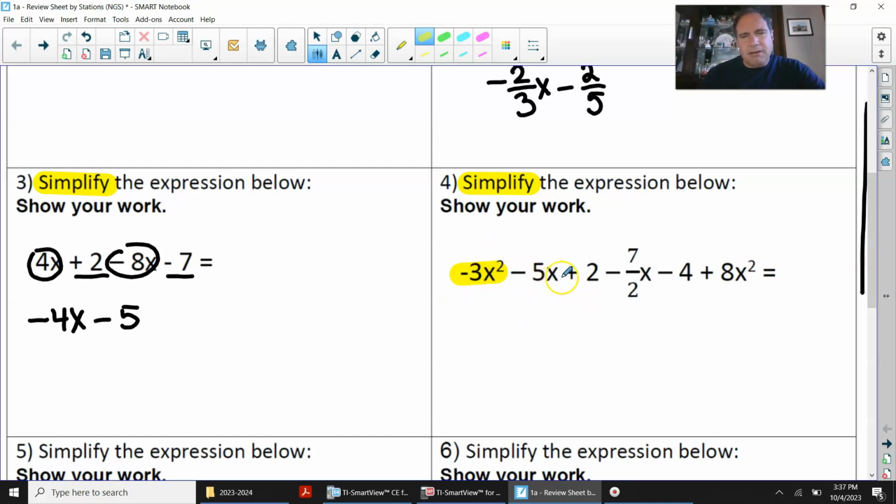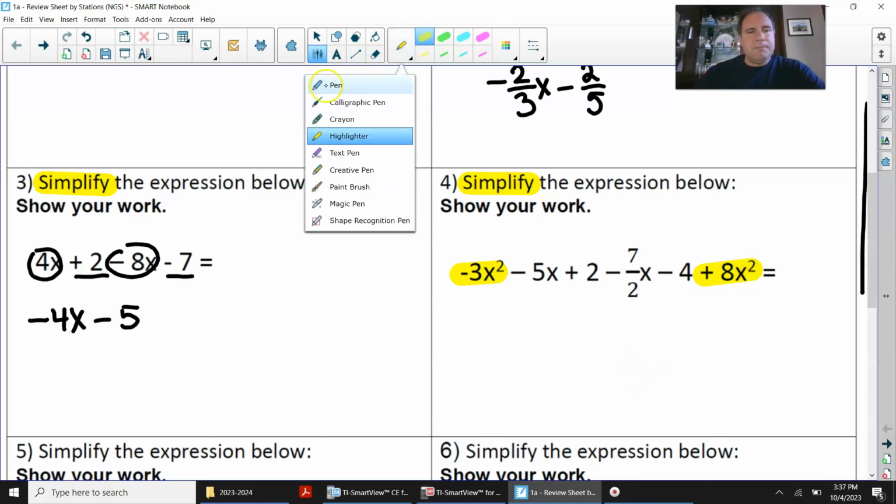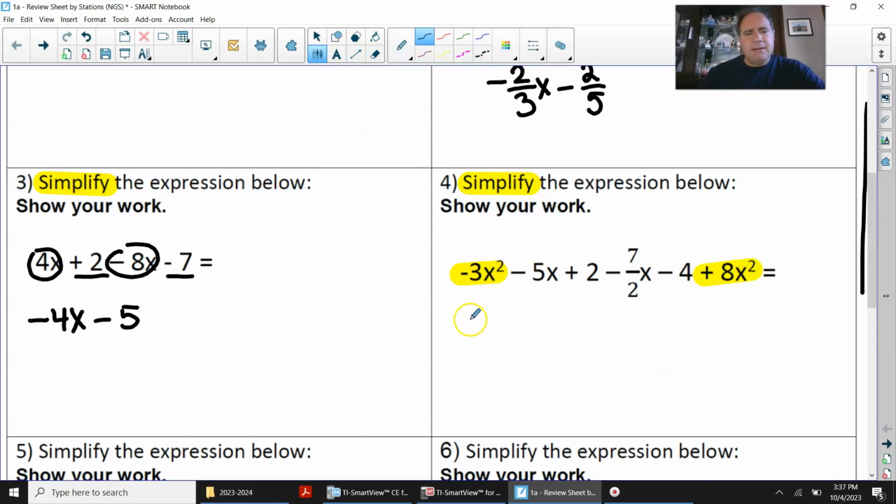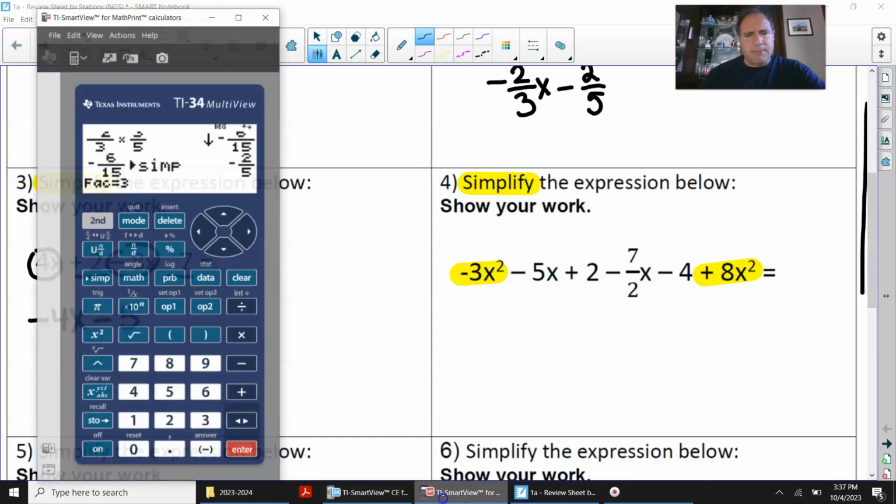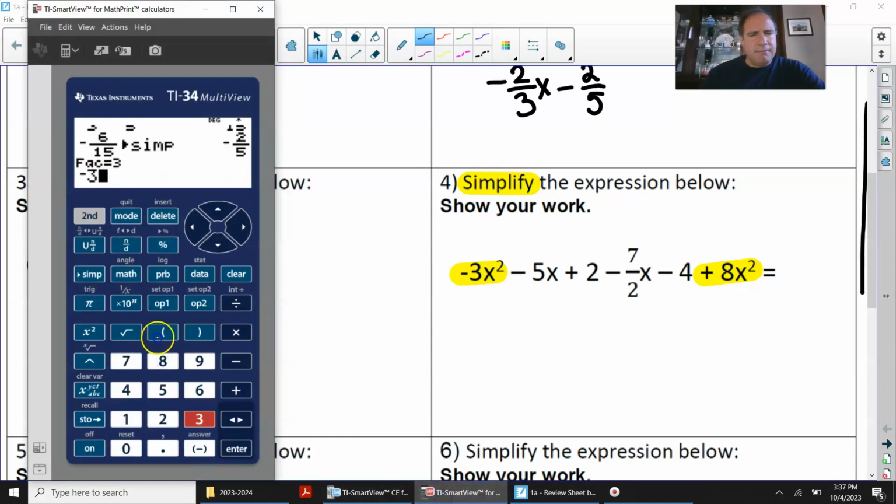I'm going to scan this whole expression to see if there's another x squared. There is another x squared right here. So if you put negative 3 plus 8 into the calculator, you get 5. So that means when you combine those terms, it's 5x squared.